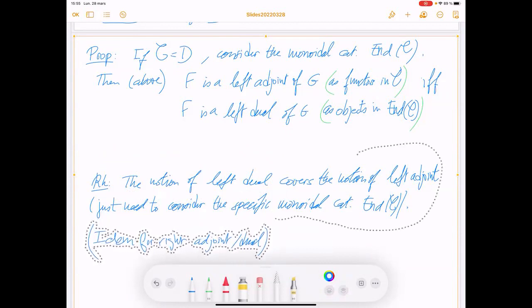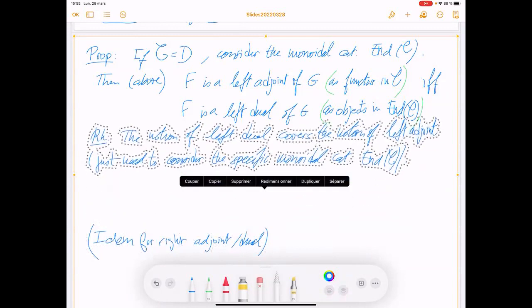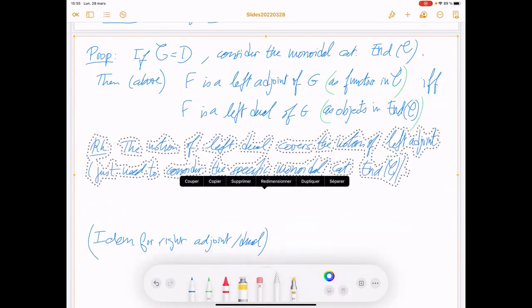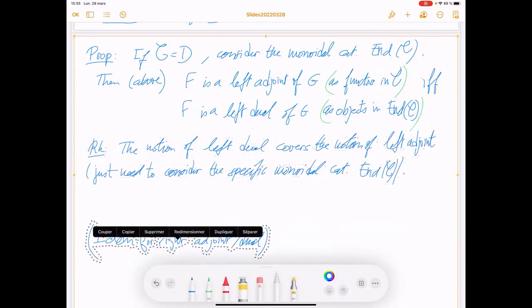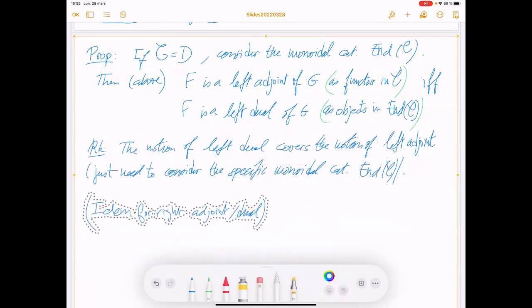Same for the right adjoint and dual, then you can include that in the remark also.